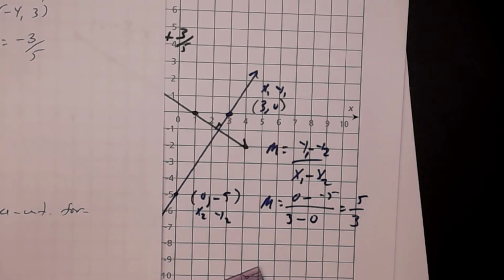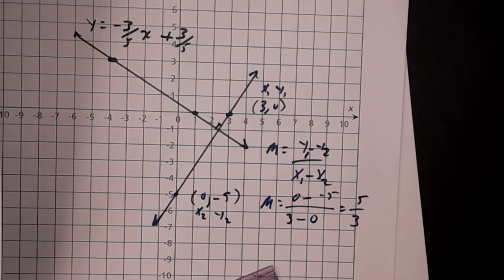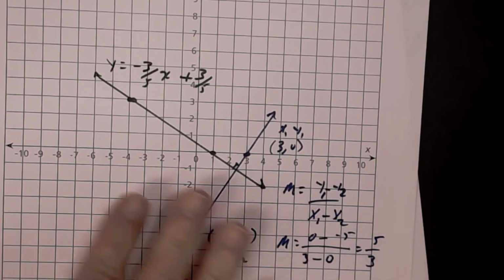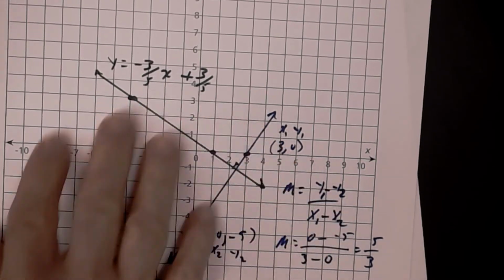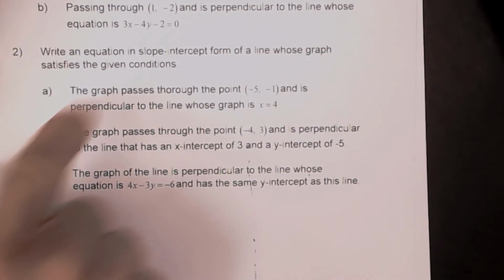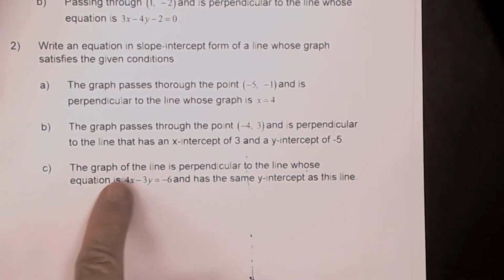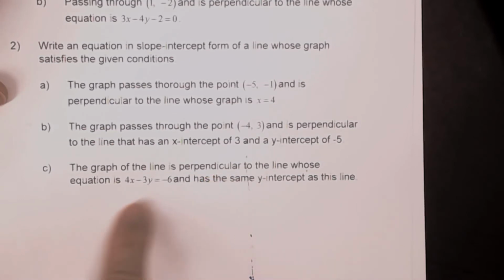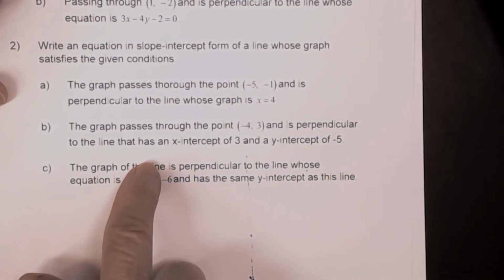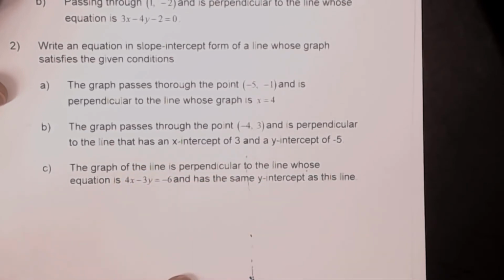And then finally, C. Let's look at what C says. You see how it helps to visualize what you're dealing with? It does help. So 2C says, again, same information: you want to write this in slope-intercept form, but this time the graph is perpendicular to the line whose equation is given, and the line I'm interested in has the same y-intercept.